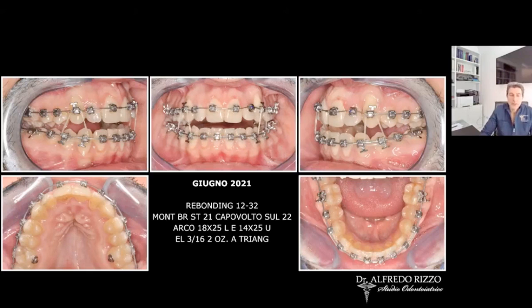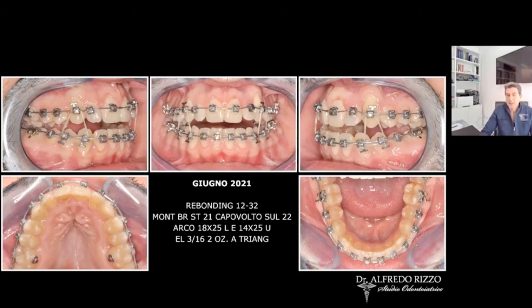The mandibular dental arch is completely aligned and located correctly, whereas on the upper jaw I have replaced the low torque bracket with a regular torque bracket, but I have put it upside down because the root of the 3-2 is positioned very facially. This is why I use this regular torque 2-1 bracket, making the torque completely negative for 2-2.